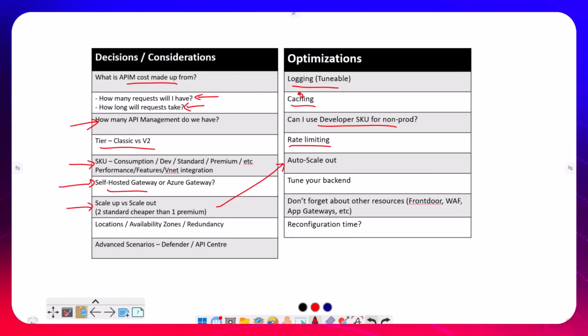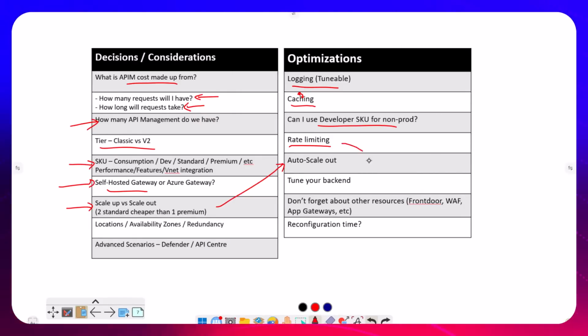Rate limiting policies can be good for cost as well. If we've got noisy neighbors using our APIs and taking up a lot of bandwidth by making a lot of calls, that can increase the likelihood we have to scale. So if we can limit how much people can use the API, we reduce the likelihood of scaling, and that reduces the chance of our costs increasing by adding another node.